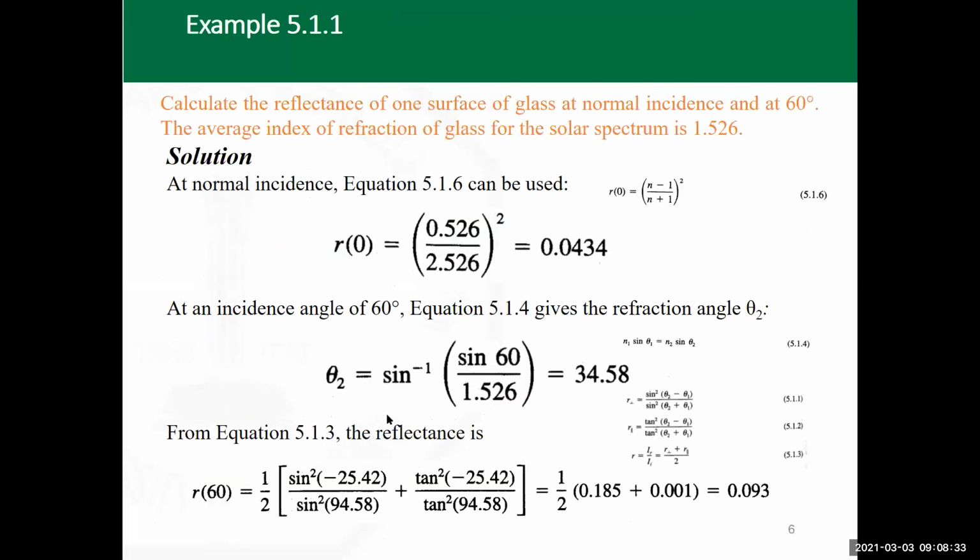These are all combined in one equation, as you can see here: half into normal reflectance and parallel reflectance. So half of the normal component is 0.185, the parallel component is 0.001, and then the reflectance of the surface at this angle is 0.093.